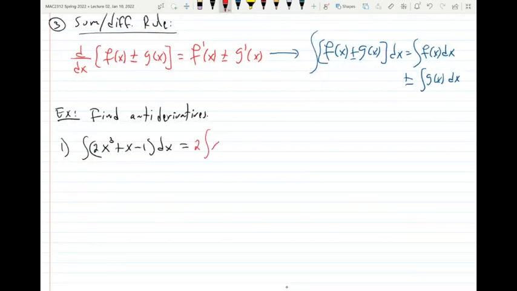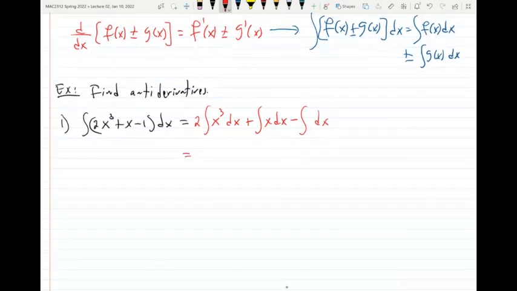So this would be 2 times the integral of x cubed plus the integral of x minus the integral of 1. Typically, when you integrate 1, we just write integral of dx, but you need to understand that there is a 1 here. Okay? Now let's integrate each of these things. So what's the integral of x cubed according to the rule?